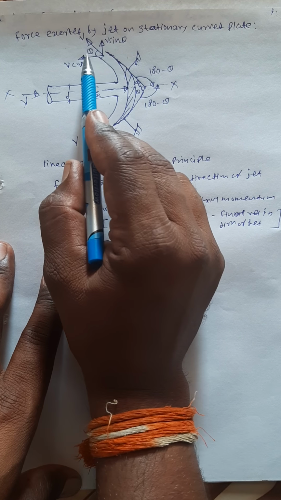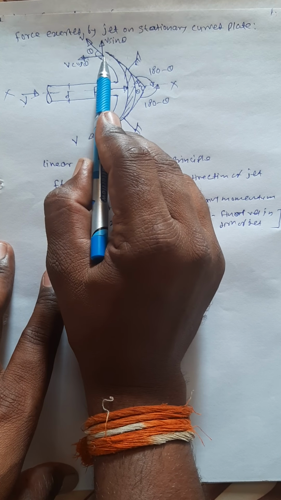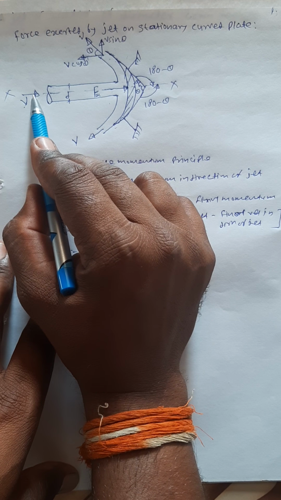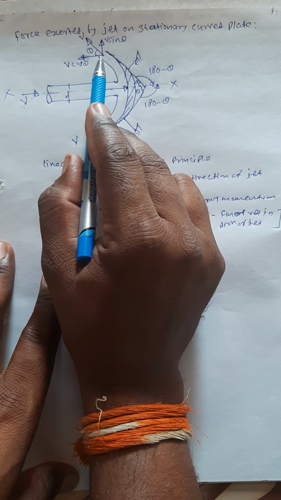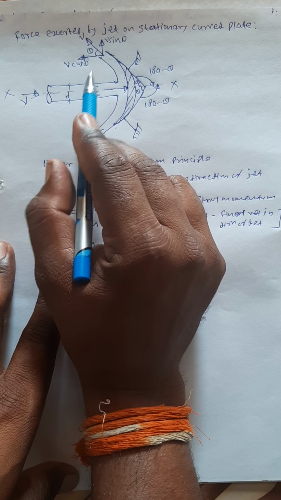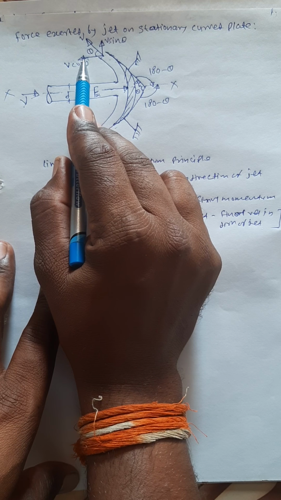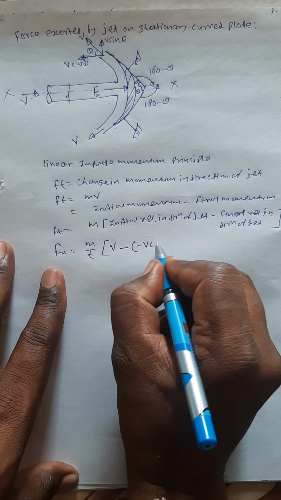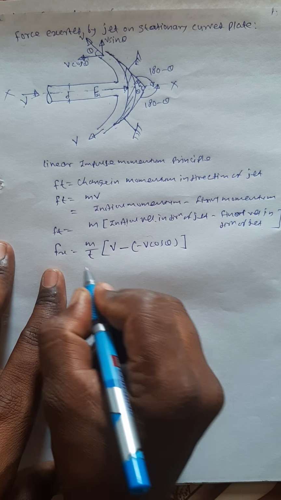The jet is now deflected, that is, the water after striking the plate is moving in the opposite direction to that of the jet. It means that this phi cos theta, the component of the velocity along the jet, is in the opposite direction, so we have to consider it a negative one, that is, minus phi cos theta.